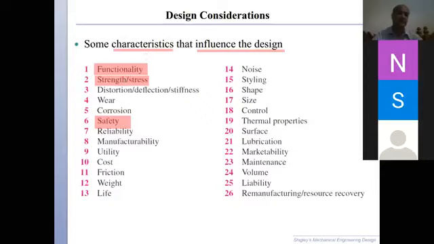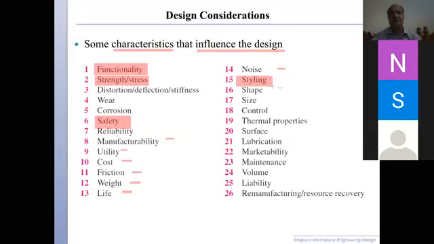So this is something that you need to put in your analysis. Distortion, deflection, stiffness, wear, corrosion, reliability, again manufacturability, utility. ठीक है जी, ये सब चीज़ें जो है you are going to look at these: weight, life, noise, styling.